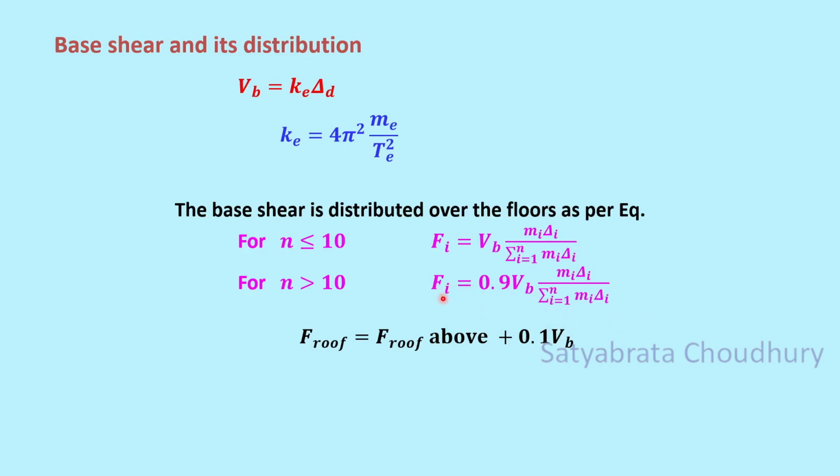This formula Fi will give the forces at all levels including the roof. If I take the roof level force from this formula and add the 10% base shear we kept aside as the roof level force, then this indirectly takes into account the higher mode effect in the system.